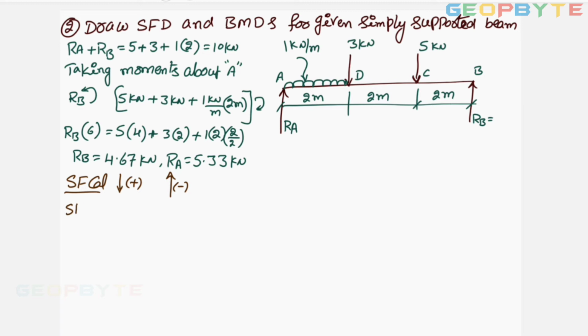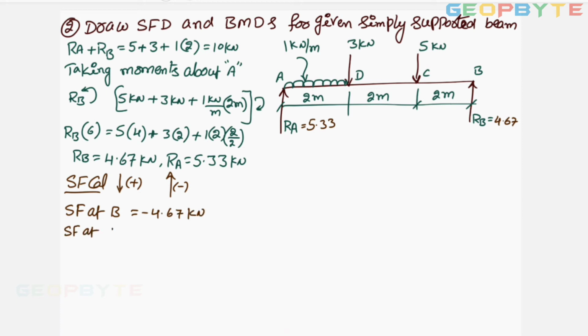Now shear force calculations from B to A. RB value is 4.67, RA equals 5.33. SF at B, it is a vertical upward force. A vertical upward force should be taken as negative, minus 4.67 kilonewtons.